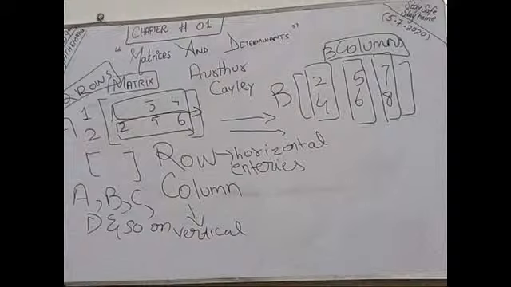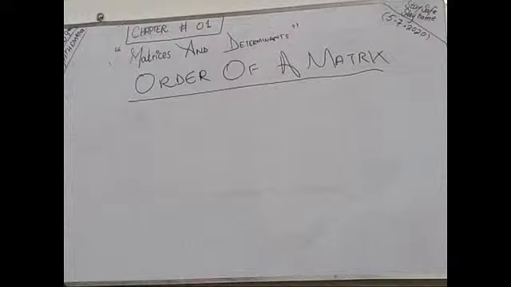Order of a matrix. How can we find out the order of a matrix? The number of rows and columns in a matrix specifies its orders.